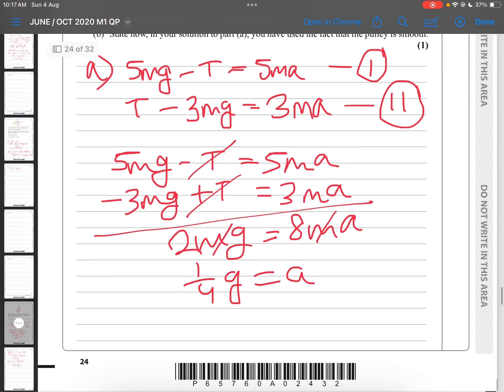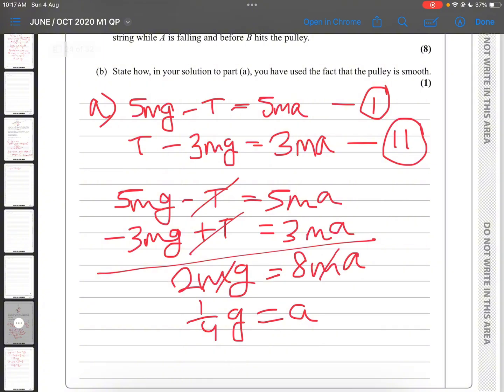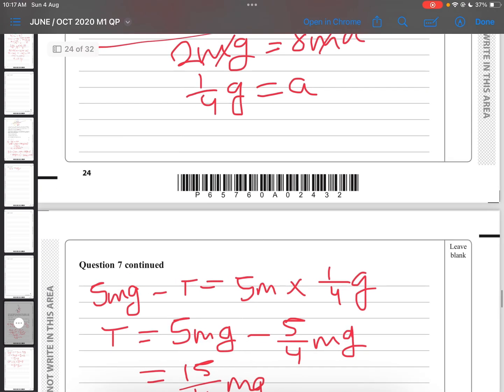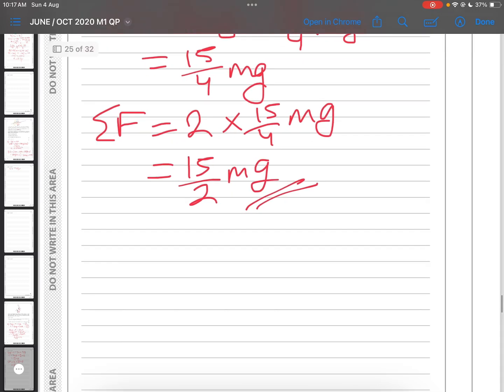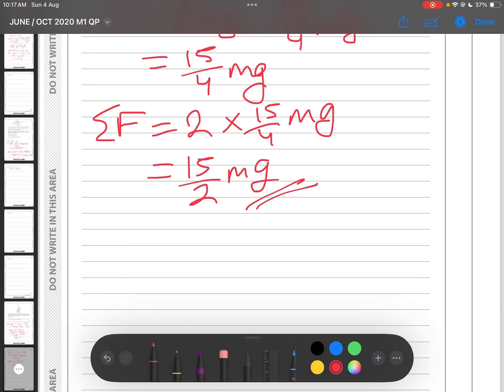Then part B says state how in your solution in part A you have used the fact that the pulley is smooth. So I have repeatedly stated the fact that the tension acting on both sides of the pulley is equal. That is how we have used the fact that the pulley is smooth. Okay, these are some fixed answers.